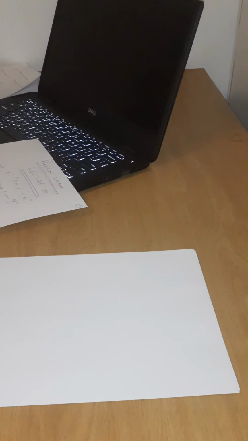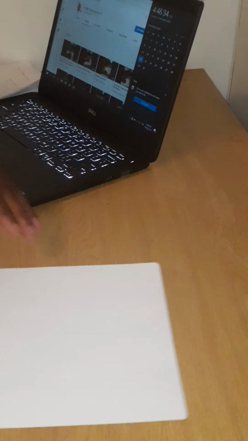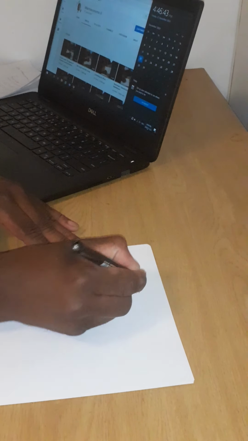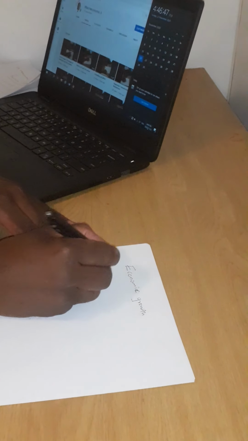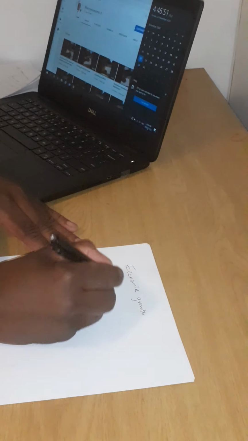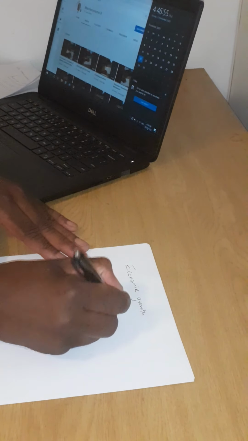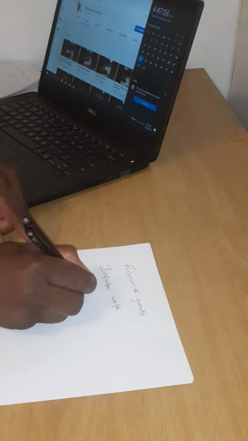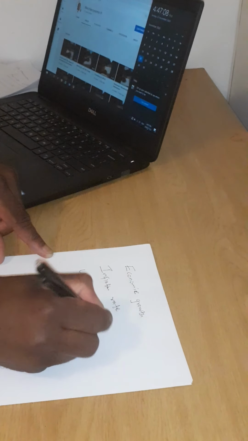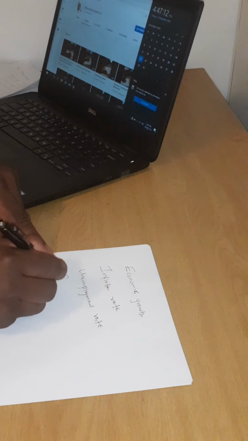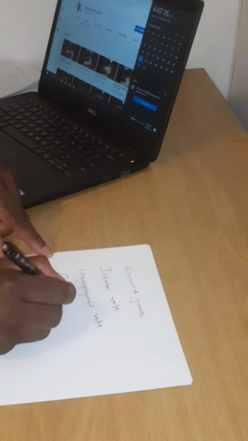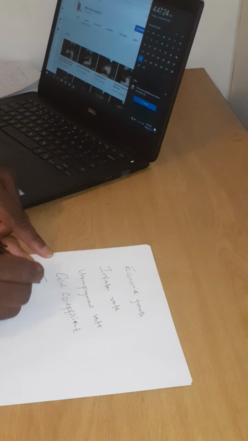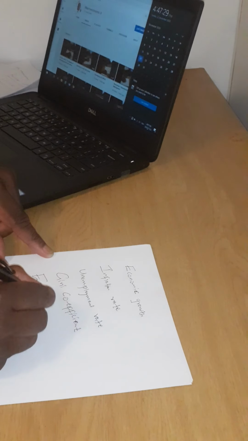Obviously, here is where we learn about how to calculate economic growth, how to calculate inflation rate, how to calculate unemployment rate, how to calculate Gini coefficient, and then how to calculate exchange rate.